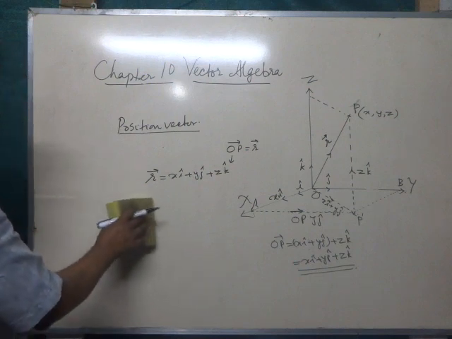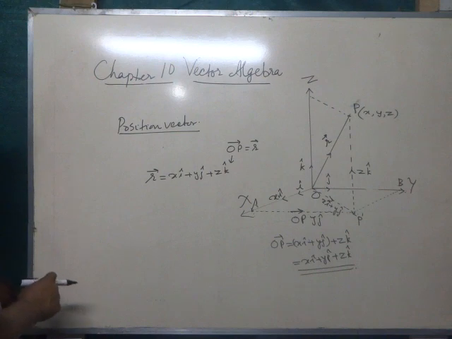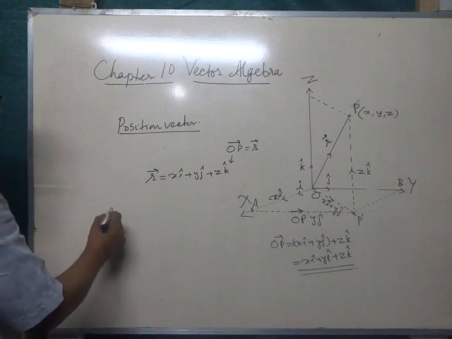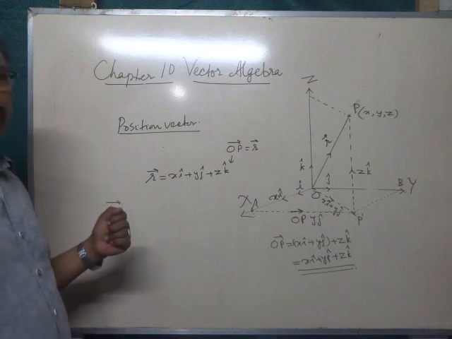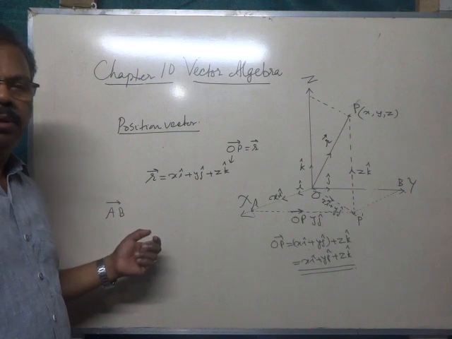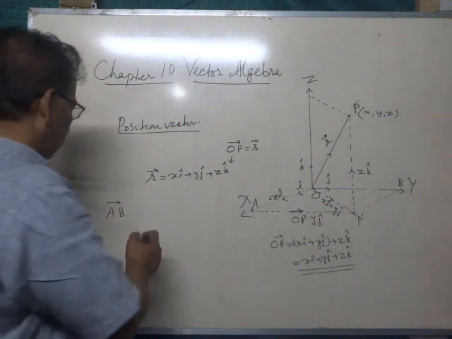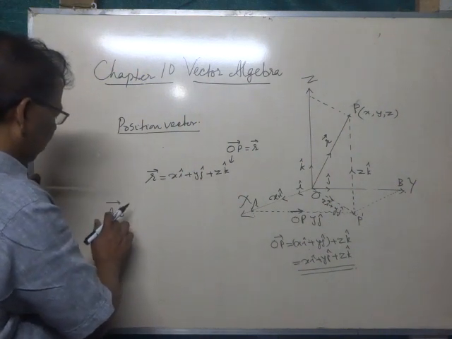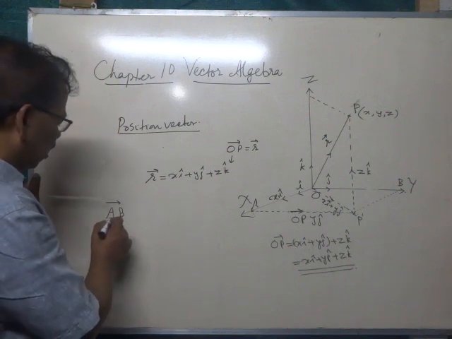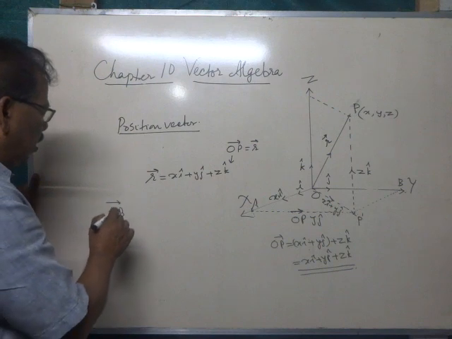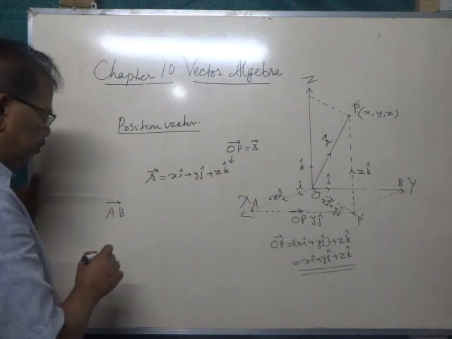And we can represent a vector by a line segment with direction, or a directed line segment will represent a vector. Here the directed line segment AB is a vector with initial point A and terminal point B.